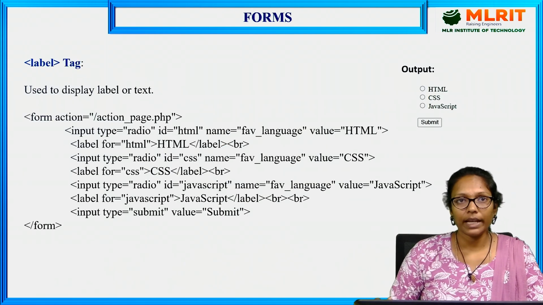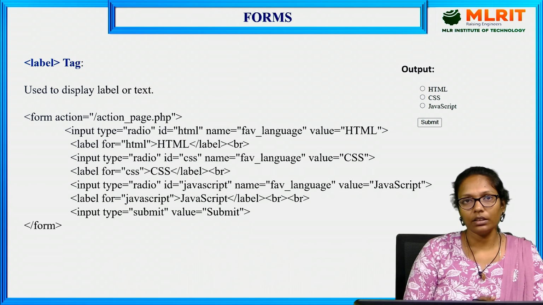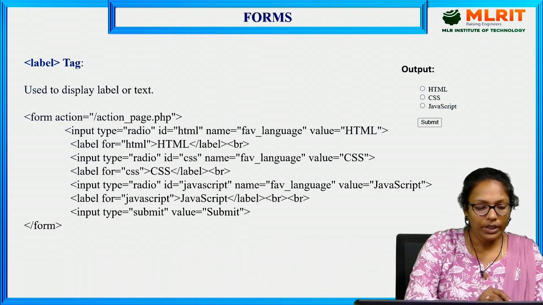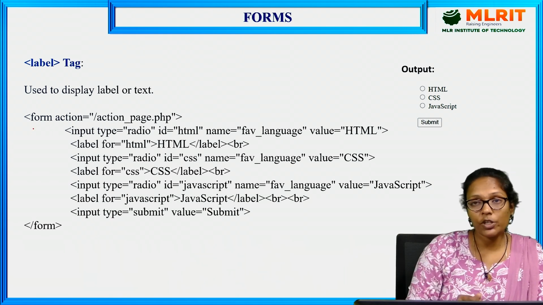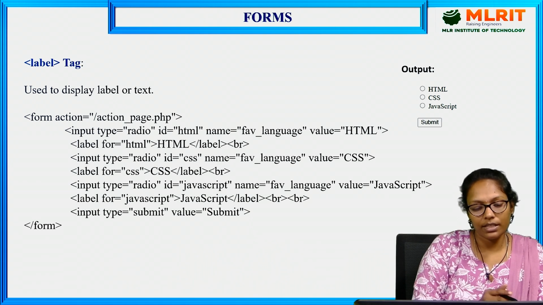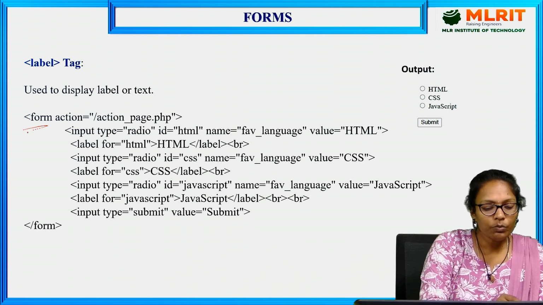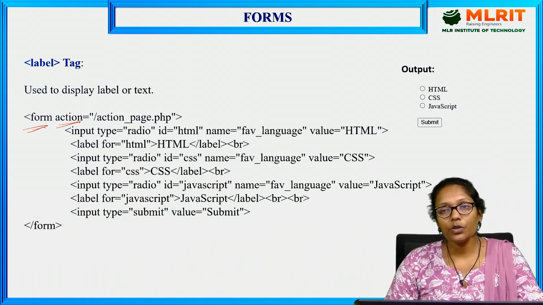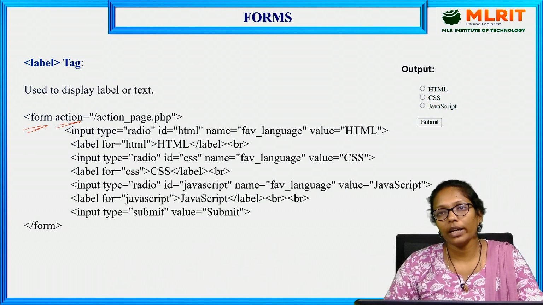Next is the label tag. We have already seen labeling, but we didn't use the label tag for that. Whatever static content is there, to generate that static content we use the label tag. Here I'm also using an additional attribute which we didn't discuss in the previous slide. Along with the form tag, I'm using the action attribute. The action attribute is used to submit the form to a page.